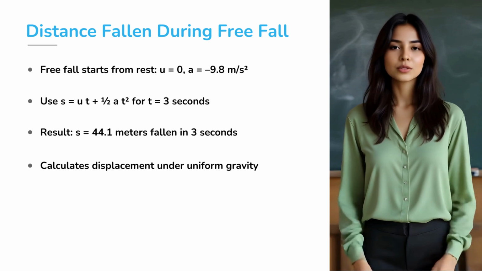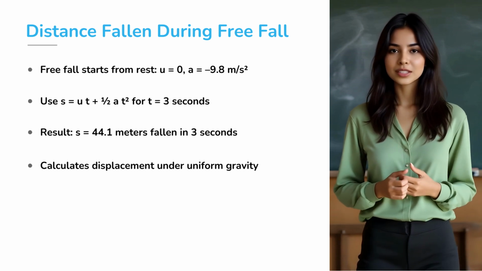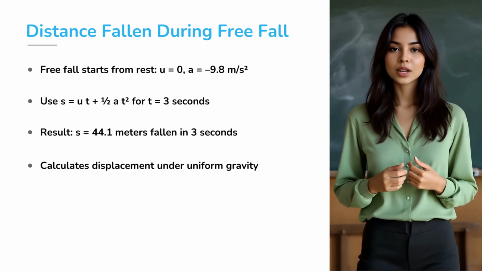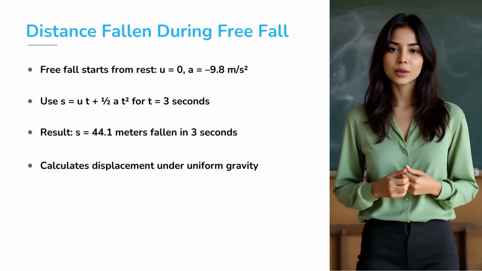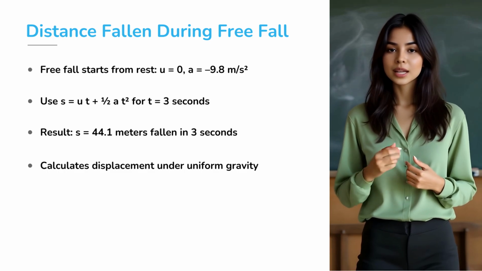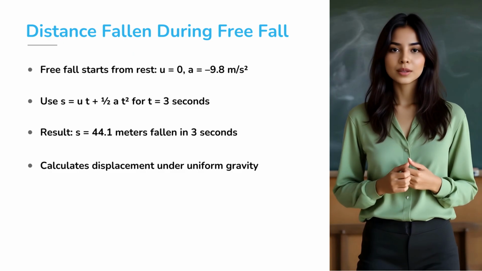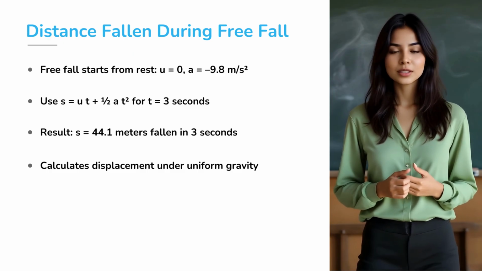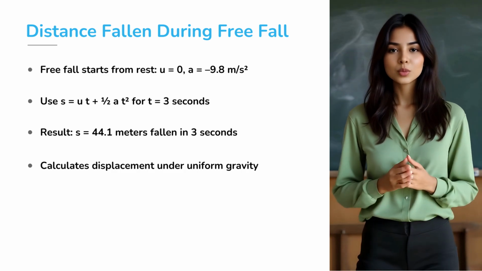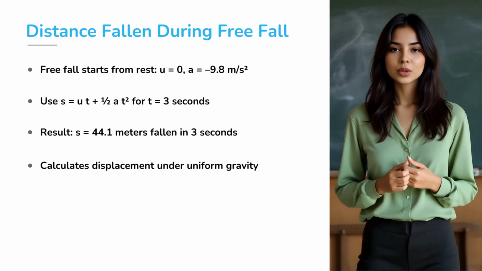Let's now look at freefall, where an object starts from rest and falls under gravity alone. Here's what we know. Initial velocity u is 0, since the object starts from rest. Acceleration a equals negative 9.8 meters per second squared. Time t is 3 seconds, so we use the equation s equals u times t plus 1/2 times a times t squared.